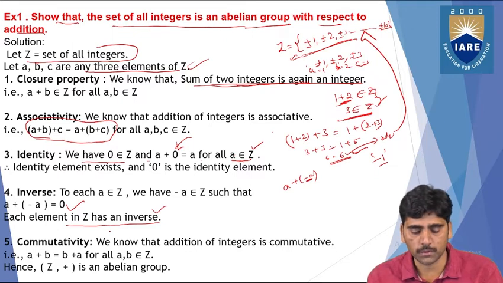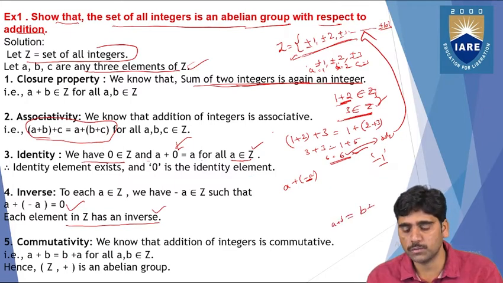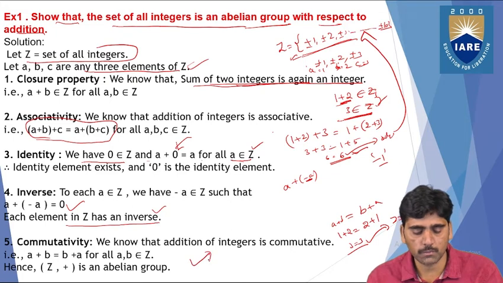And the commutativity property. So here the value of A plus B equals B plus A. Suppose you take 1 plus 2, then B plus A, 2 plus 1, that is nothing but 3 and 3. So 3 belongs to Z, so you can say that it satisfies the commutativity property.